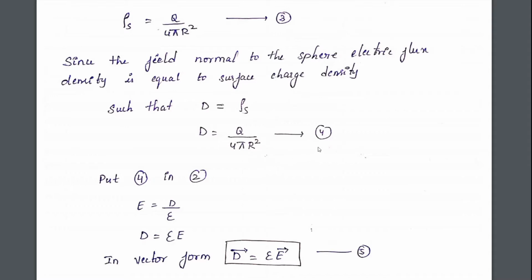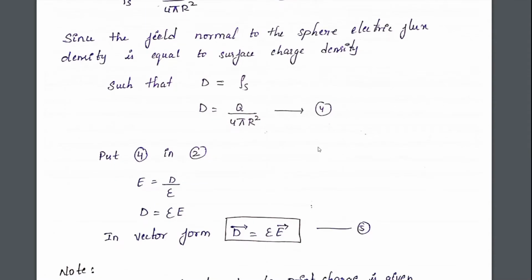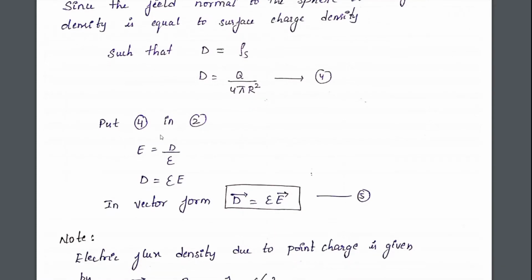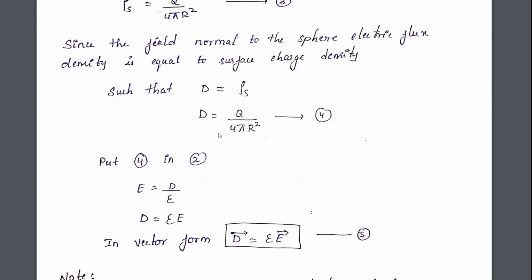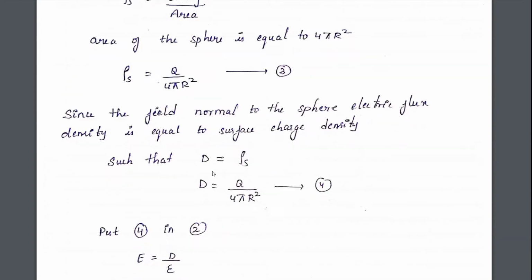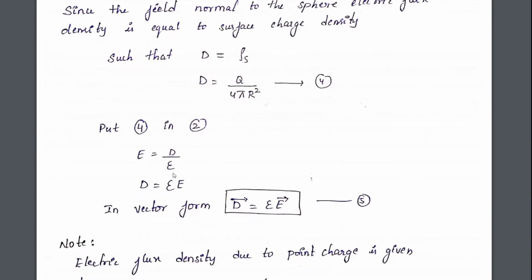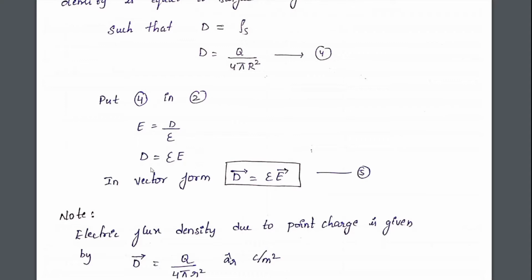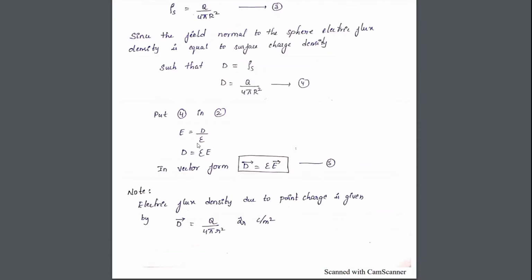Understood? So now after calculating D, this equation 4 is substituted in equation 2. Q by 4 pi r square is nothing but D. So in equation 2 it becomes E is equal to D by epsilon. You substitute 4 in equation 2, so Q by 4 pi r square will become D, and epsilon will be there in the denominator, retained as it is.